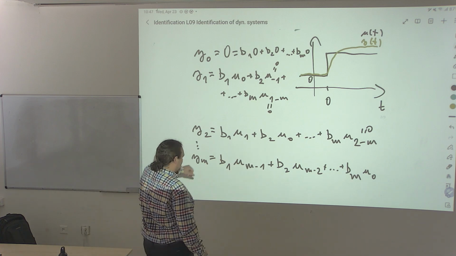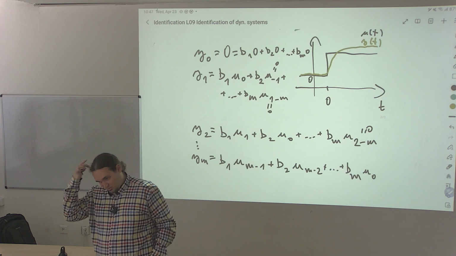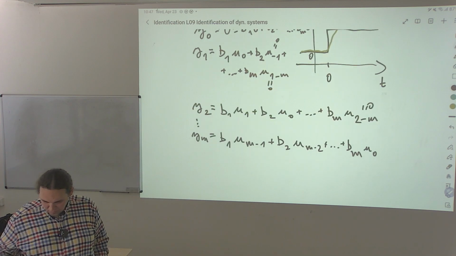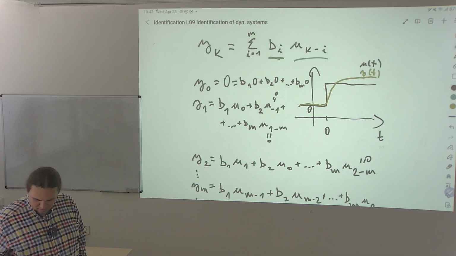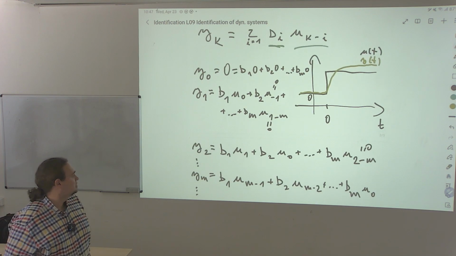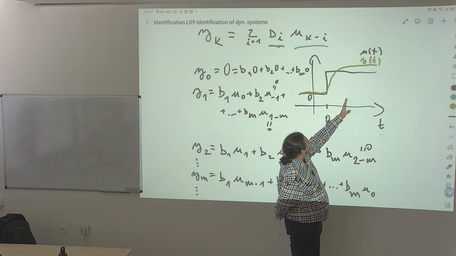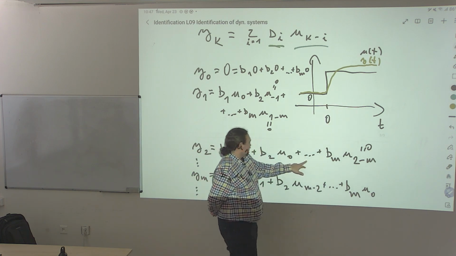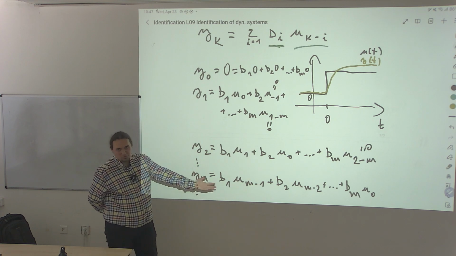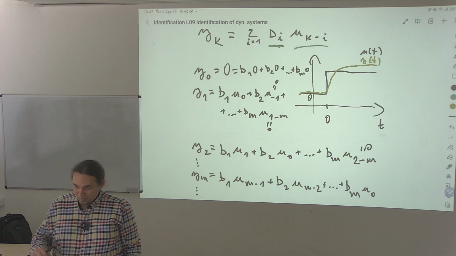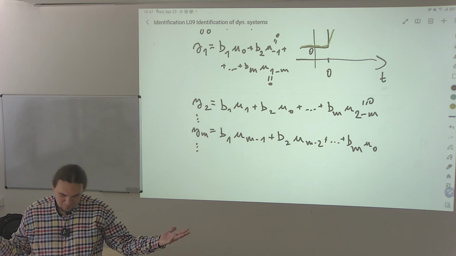Now every term here will be some non-zero number. Some time point m was the point where we ran out of the coefficients of our model, but we can also predict more into the future, or let's say we have more data.